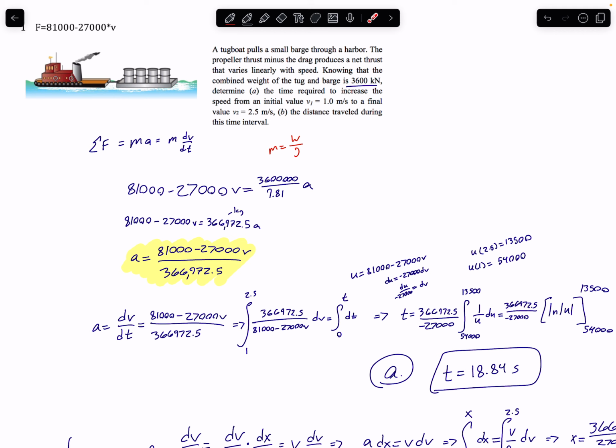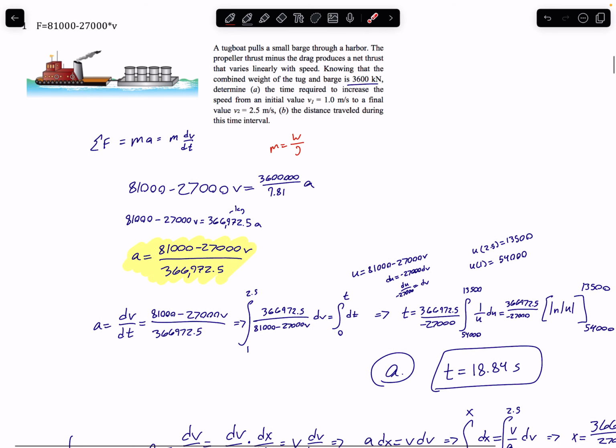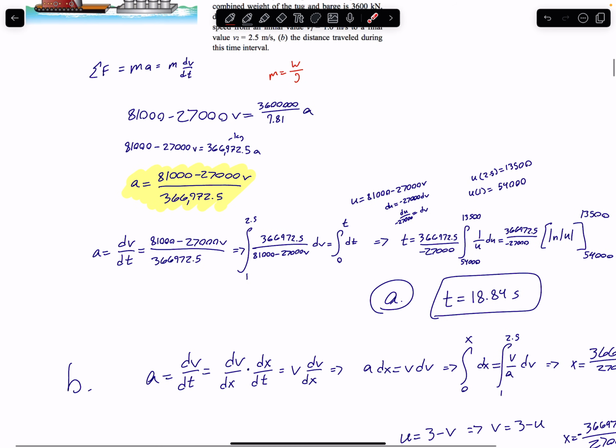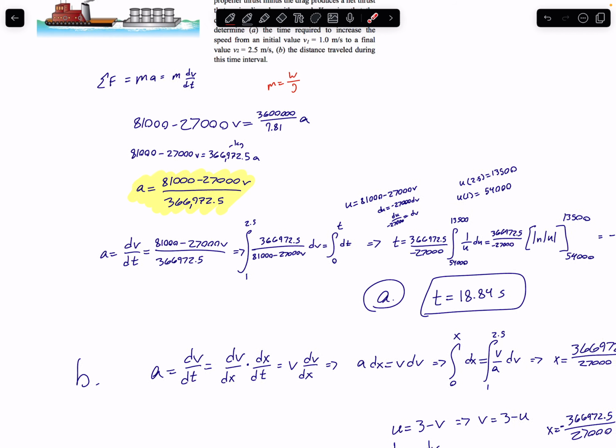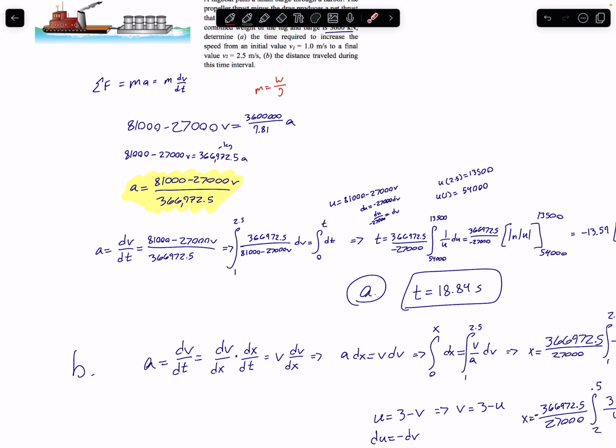And so after plugging in and doing some algebra, we get that our acceleration is equal to 81,000 minus 27,000 V over 366,972.5.